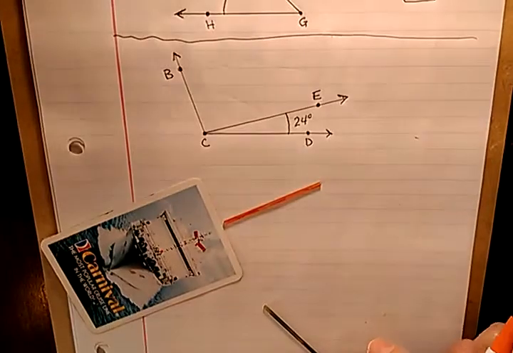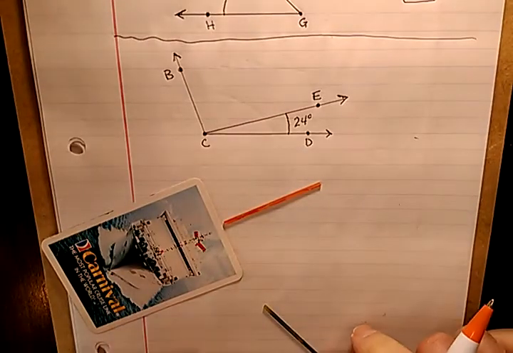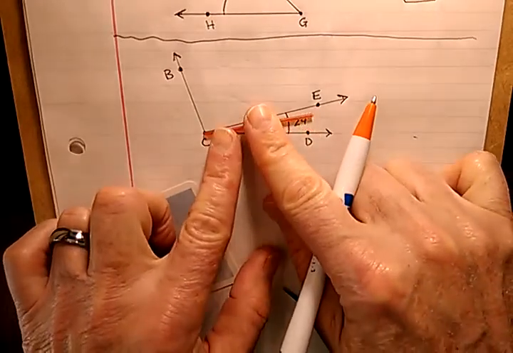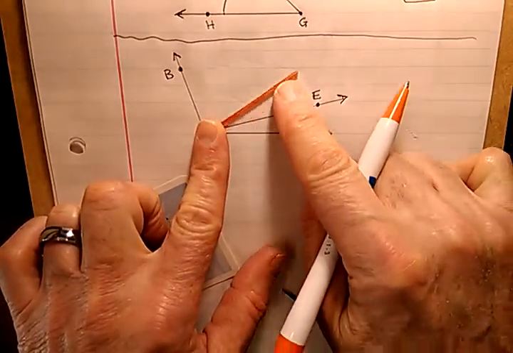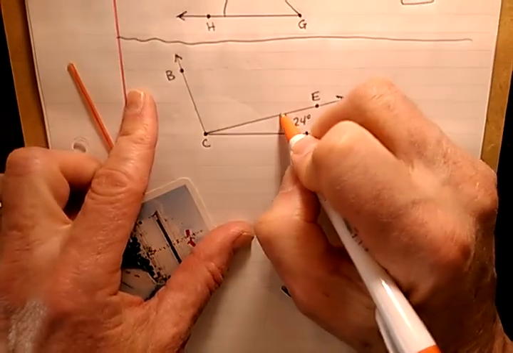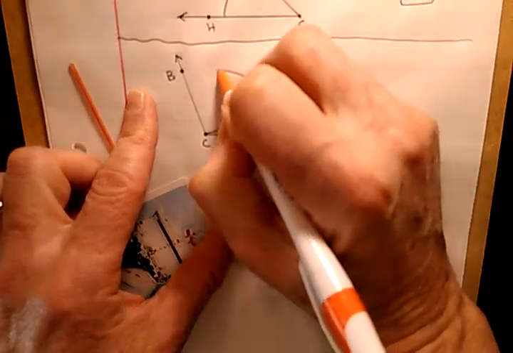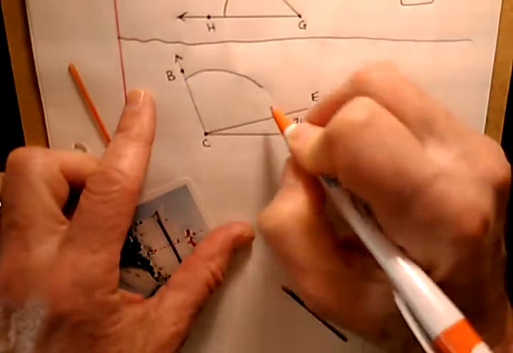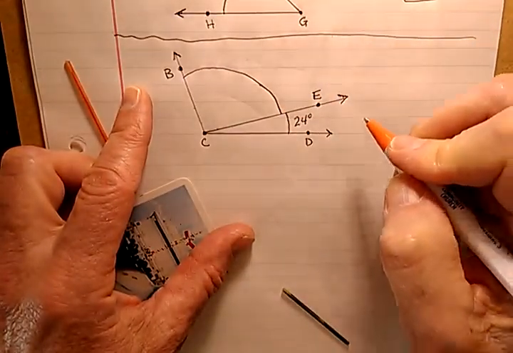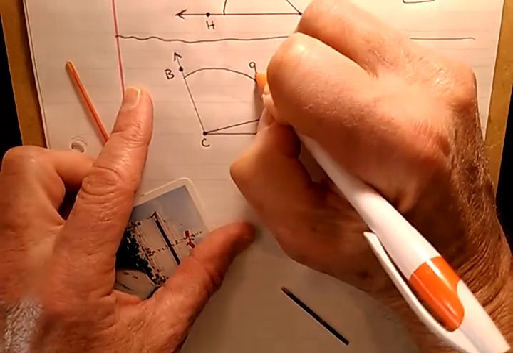So that would be a 24-degree angle. And then we're going to say that this rotation, starting at CE and rotating up to CB, that's a much larger angle. We're going to say that that part of the circle is 98 degrees.